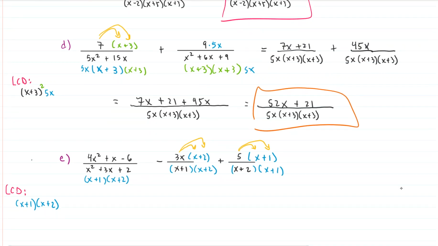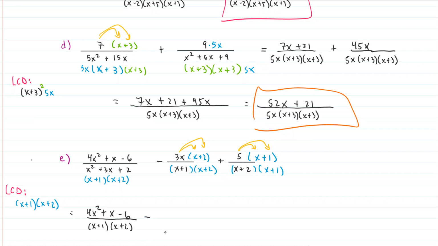Let's see what we have here. We have 4x squared plus x minus 6, and that is all over our common denominator of x plus 1 and x plus 2. I'm going to copy that because we will need it.